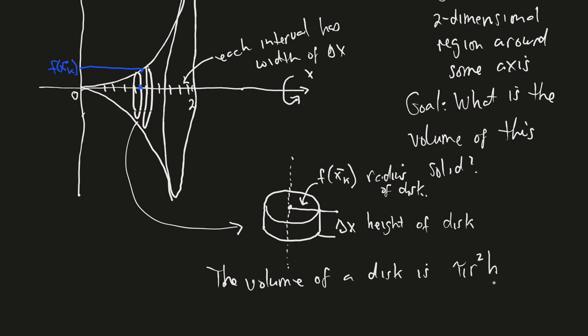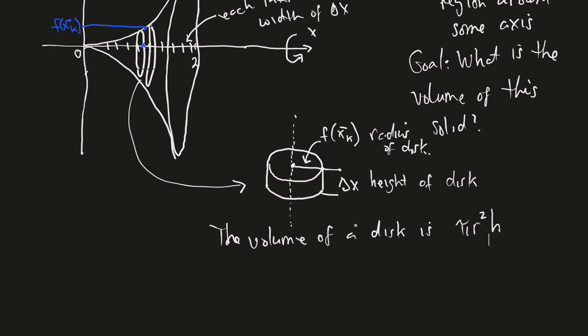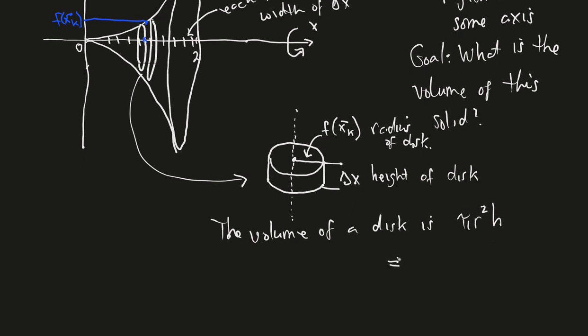So let's write this now in terms of our function and in terms of our delta. One of these disks will have this volume: pi times my f of x k bar squared, and then times the height of this disk, which is delta x. So the Riemann sum would be the sum of all of these going from k equals 1 to k equals n.